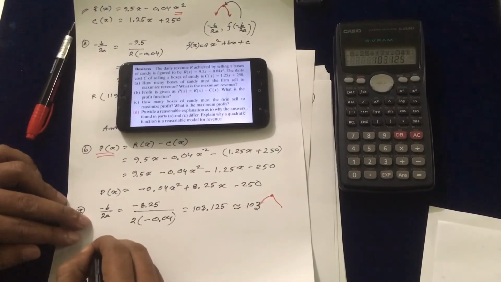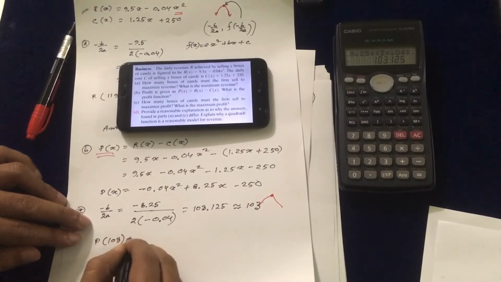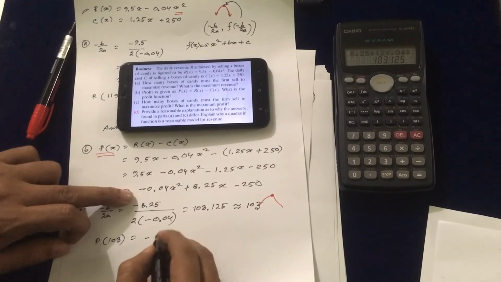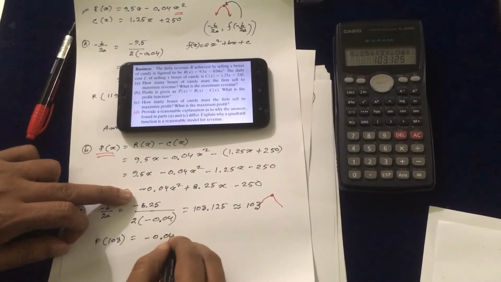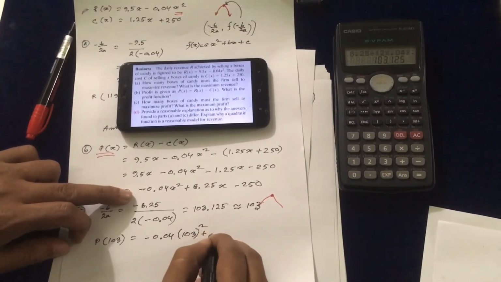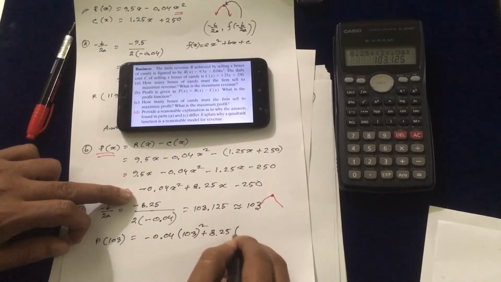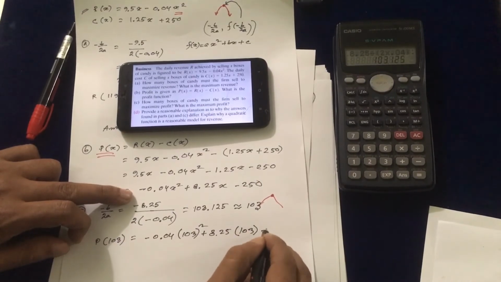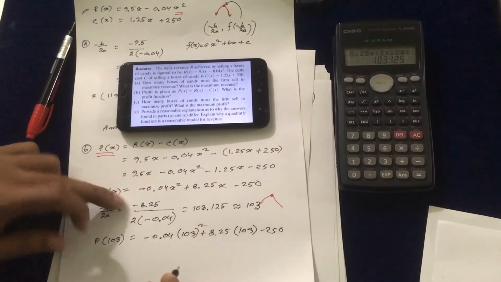So P of 103 equals minus 0.04 into 103 whole squared plus 8.25 into 103 minus 250.